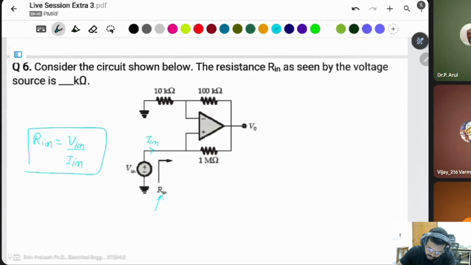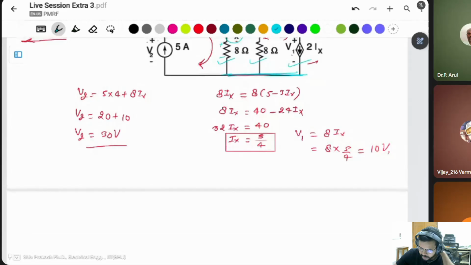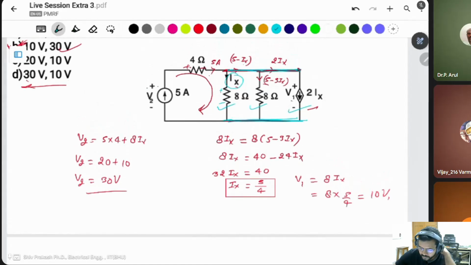Sir, one doubt. In the previous case, Ix is 5 by 4, no? Ix is 5 by 4. Yes. But V1 is across 2Ix. No, no. The current source is given. The current source value is given, not a voltage source. Don't confuse here. This value is a value of current. Okay, sir, because this was the dependent source.